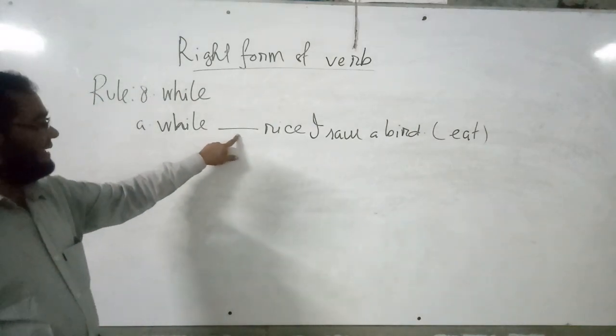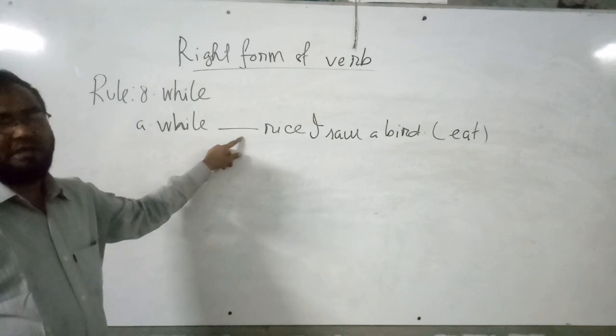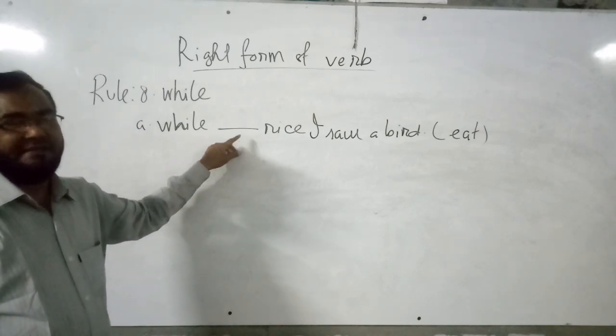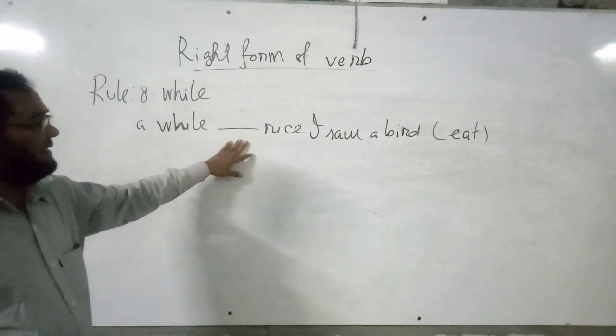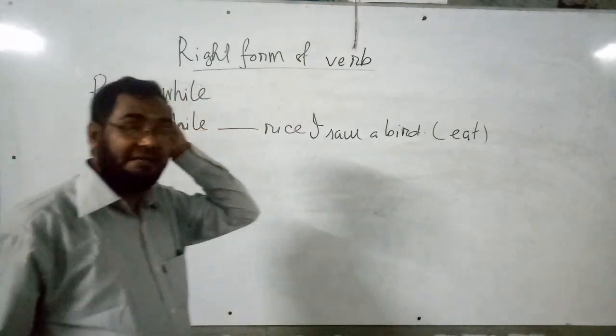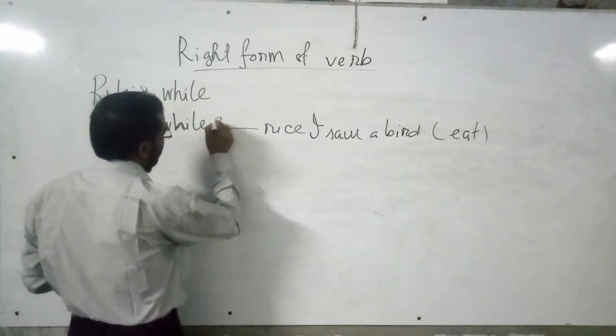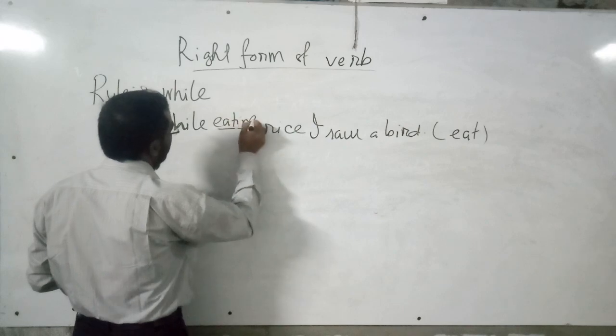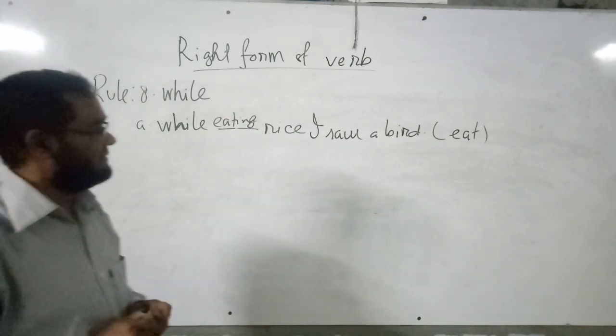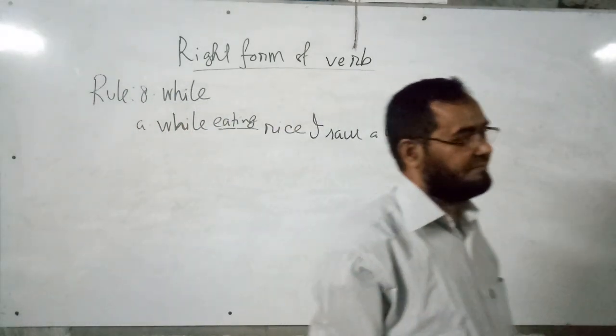Here the gap is given after the while. If you find the gap is given after the while, you will use the ing form of a verb. That means, while eating rice I saw a bird.